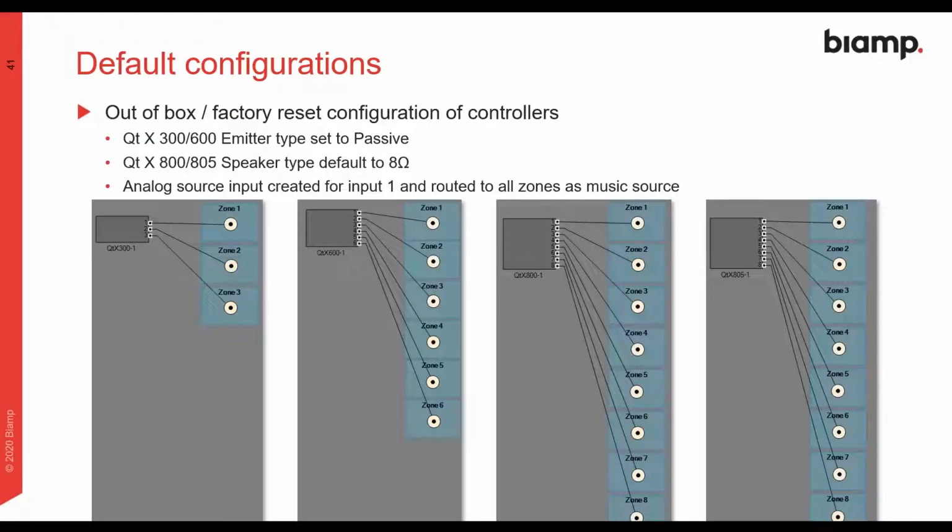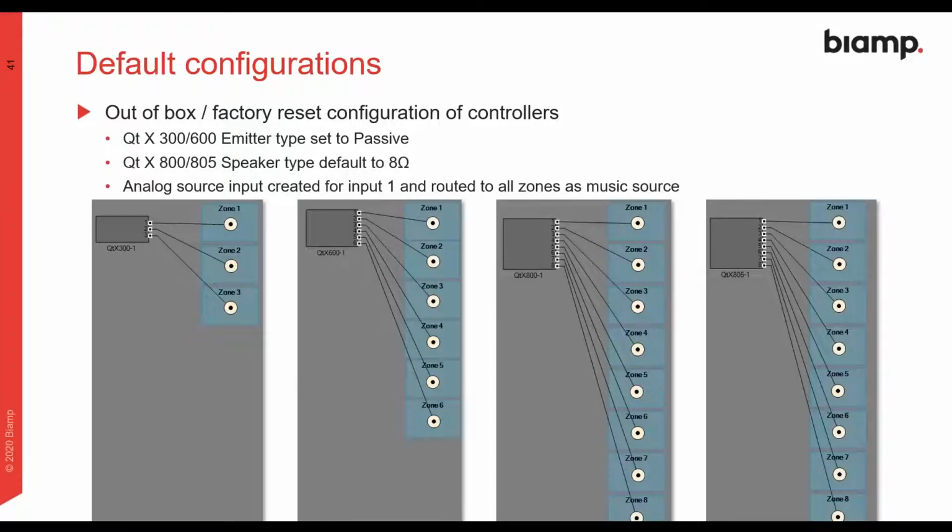All the devices come out of the box with the default configuration. As I mentioned about the network capabilities in default, the same kind of thing applies to the zones. All devices somewhat mirror what QT Pro does now and what the QTX does now, where it's on a one-to-one basis. So if I factory reset a QTX 300, I get a one-to-one.